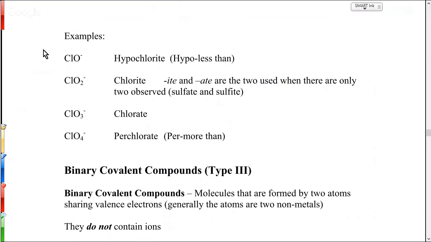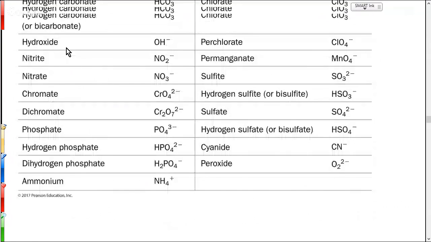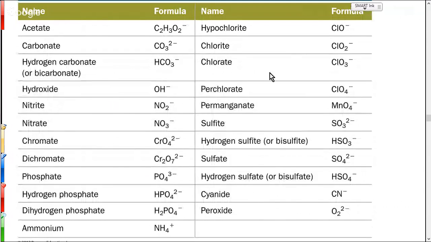It doesn't apply all across the board, but it may help you a little bit. If that doesn't help you and you'd rather just remember the names, just remember the names. All members of a particular category will have the same charge like that. So you'll notice they increase the amount of oxygen, but they keep the charge the same. Those are also on the list, I believe. So you can see them like here.